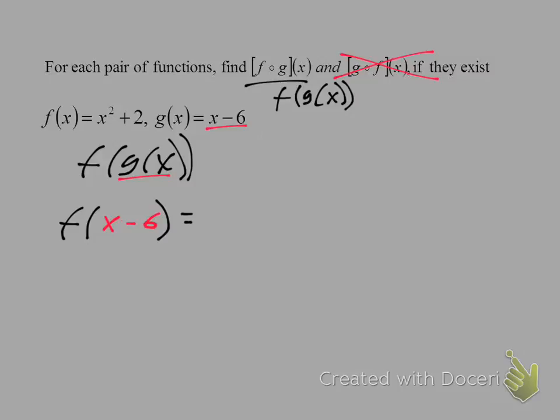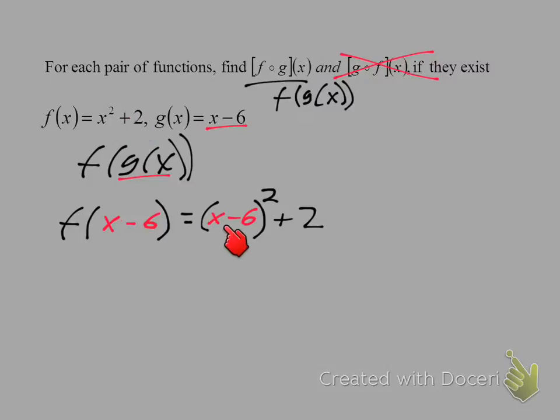So, and what are we plugging in? x minus 6. And it needs to be squared. And then we have to do what to it? Add 2. Have you ever heard anybody talk about machines and math? No? Good. I don't like that analogy. I really don't. Okay? It's what you're doing to x. You're squaring x and then adding 2.